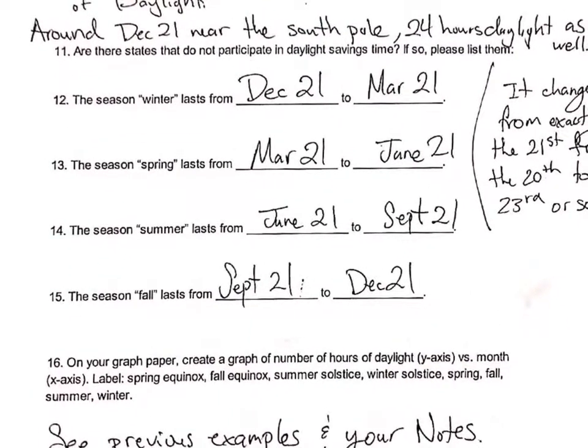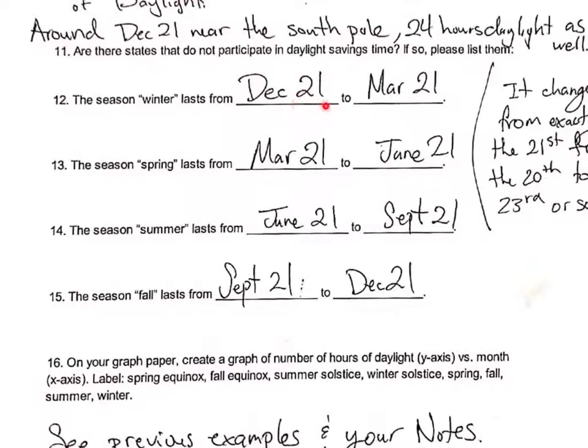So, 12. Season winter. If you look at your graph, so check out your notes and look at your graph that looks like this, the actual daylight cycle graph, you would kind of think that winter would be centered around the winter solstice, but it's not. The winter solstice actually brings in or begins winter.